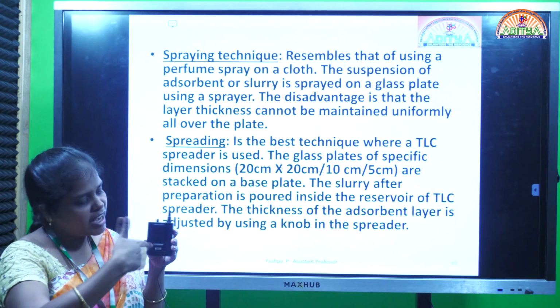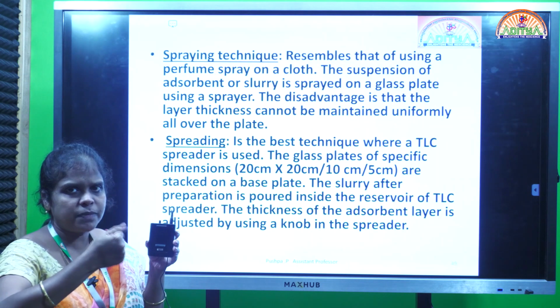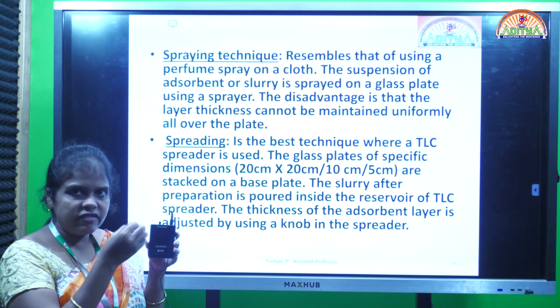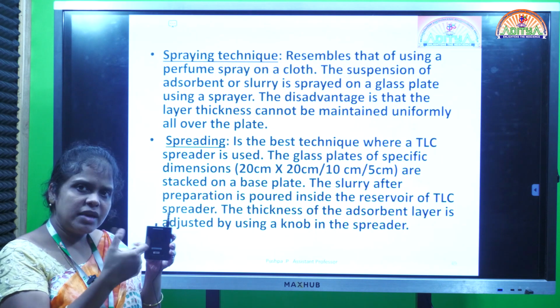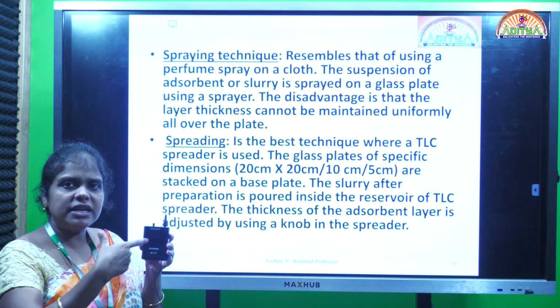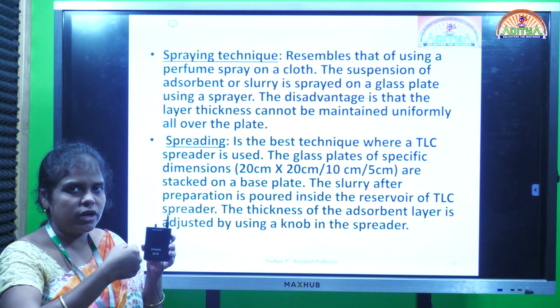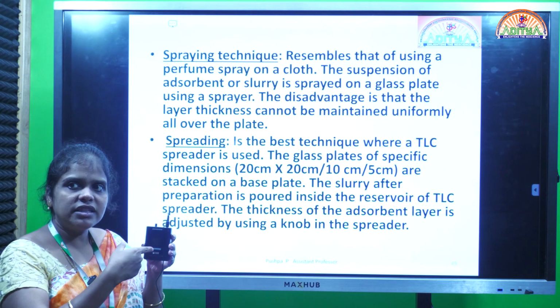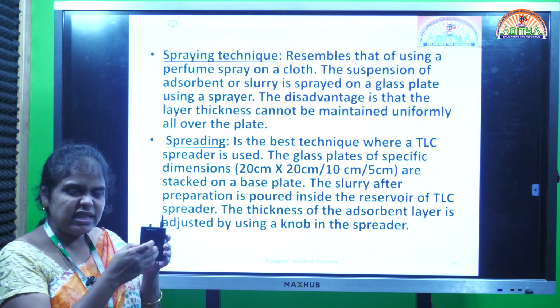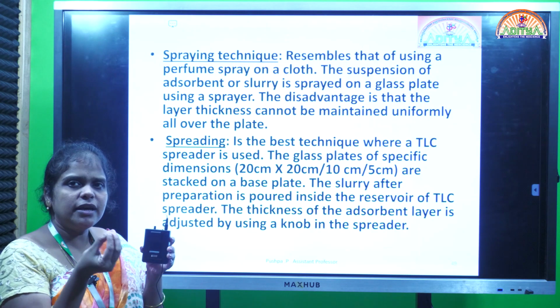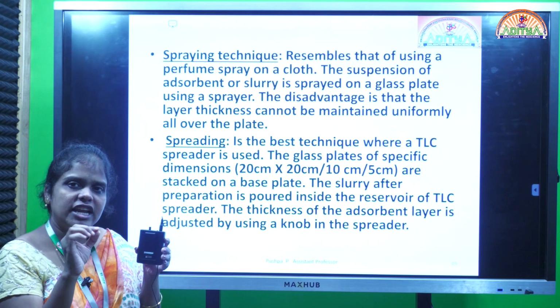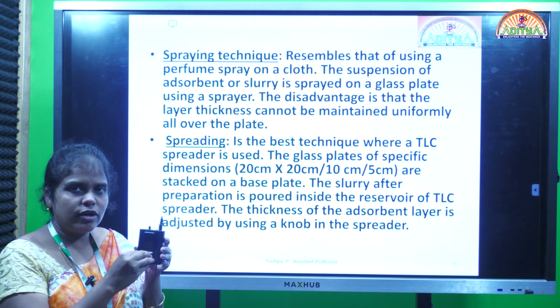Whenever we apply high pressure on the spraying bottle, more slurry will be sprayed. At every time we can't apply the same pressure on the spray bottle, no? So wherever the pressure is less, a little amount of slurry may not be applied on the glass plate.